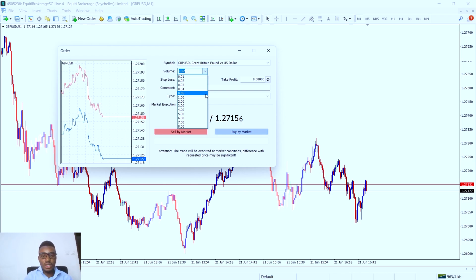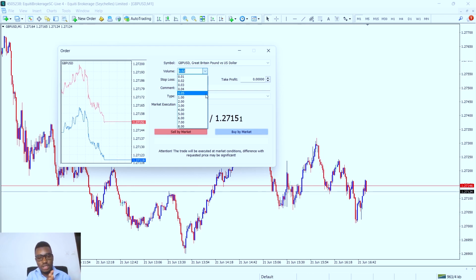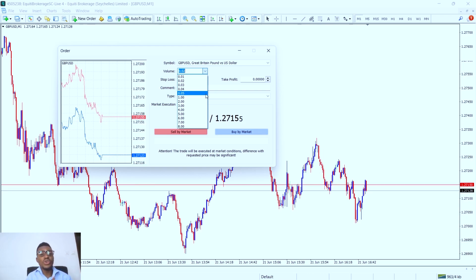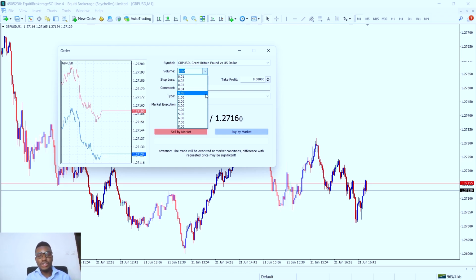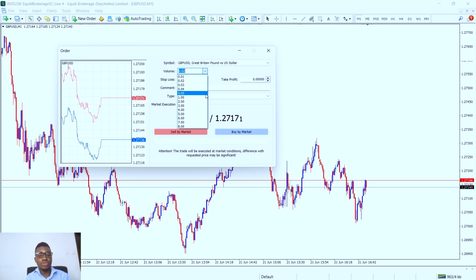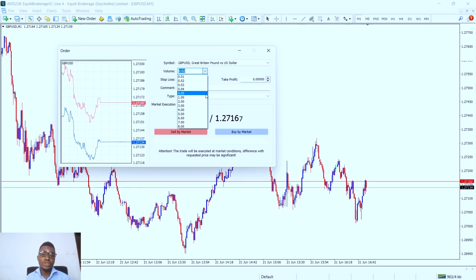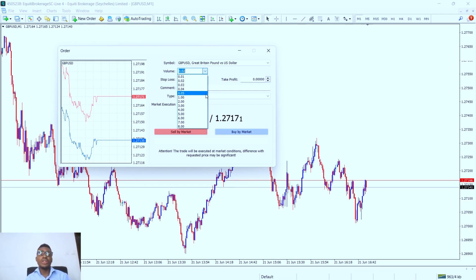So when placing a lot size, it is important to understand that it is the bedrock of risk management. The fact that you know how to place a trade or you have a super strategy that can make you profit does not mean that you just go in there using any or large lot sizes. Lot size is dependent on the stop loss you're using and on the account size you're using.